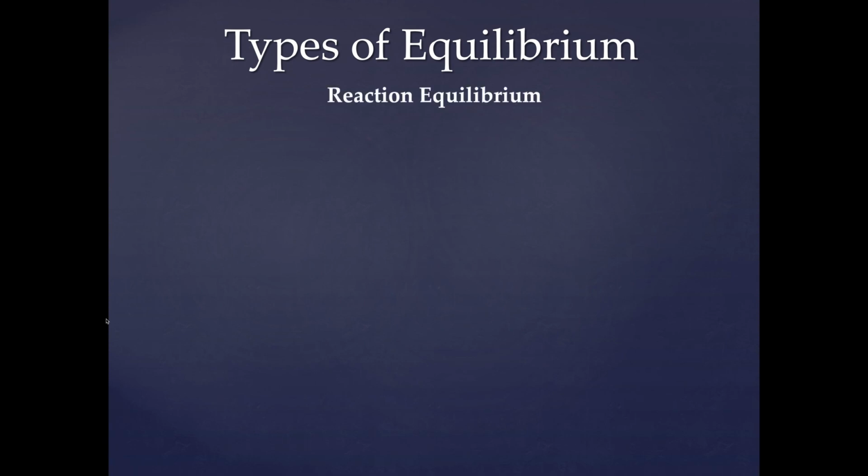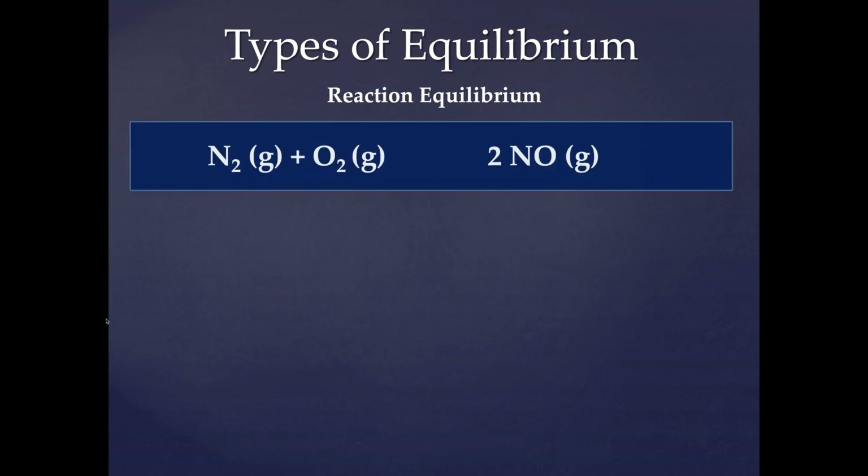If you're dealing with chemical reactions, then you have what's called reaction equilibrium, where the rate of synthesis is equal to the rate of decomposition, as an example. So nitrogen and oxygen are forming nitrogen monoxide at exactly the same speed that NO is breaking back up into N2 plus O2.